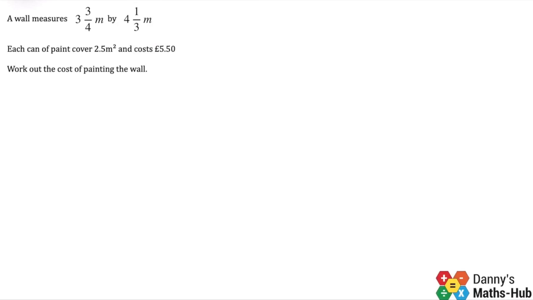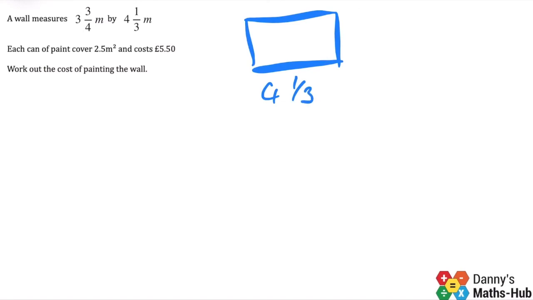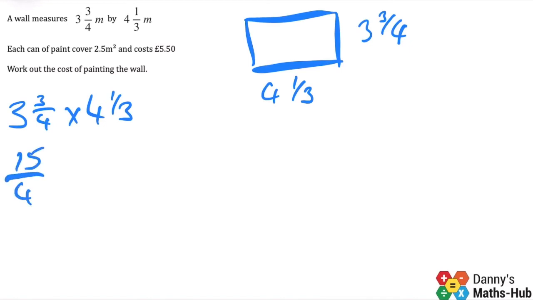So, next question. A wall measures 3 3/4 by 3 1/3. Each can of paint can cover 2.5 meters squared and costs £5.50. So the wall is 4 1/3 by 3 3/4. So the first thing we need to do is work out the area. Well, 3 3/4 multiply 4 1/3. If we turn these into improper fractions, 3 times 4 is 12. Add the 3 is 15/4. Multiplied by 4 times 3 is 12. Add the 1, 13/3.